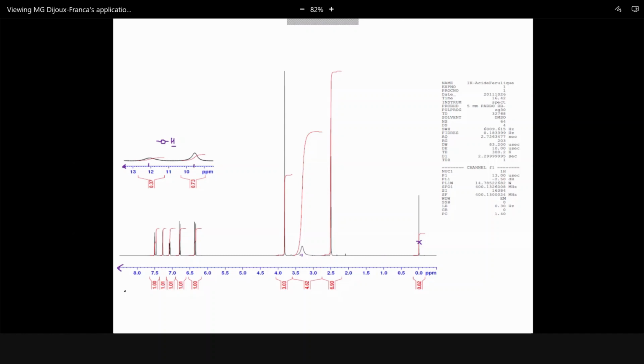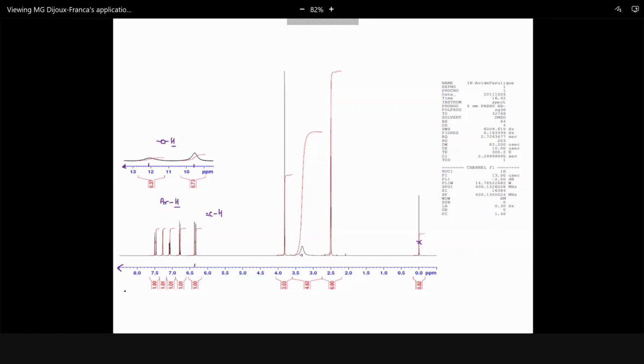Looking at the chemical shift, what can we say? Whatever, from which part you start is not very important. So we have something less than 3.5. So this might be a proton on a double bond. And we have signals over 6.5. So these might be aromatic protons.